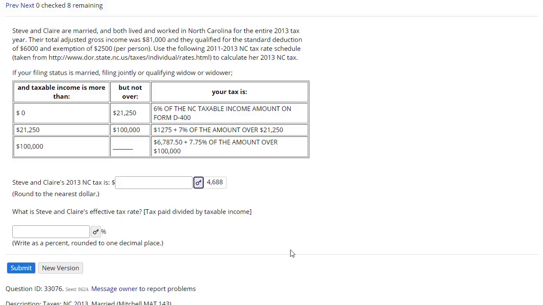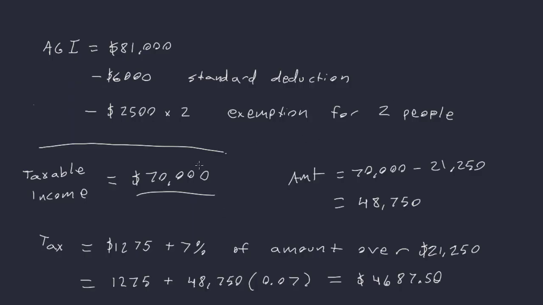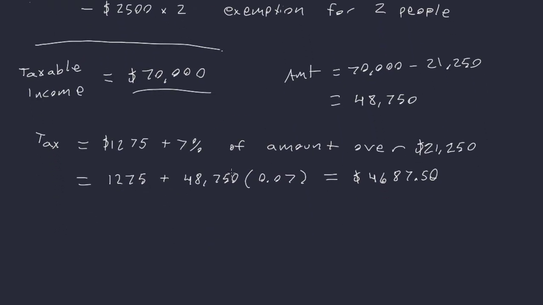Okay, so then what is Steve and Claire's effective tax rate? Well, this tells you tax paid divided by taxable income. All right, so you just do that. So the tax paid is 4,688, and then you'll divide by 70,000. Okay, so 4,688 divided by 70,000.